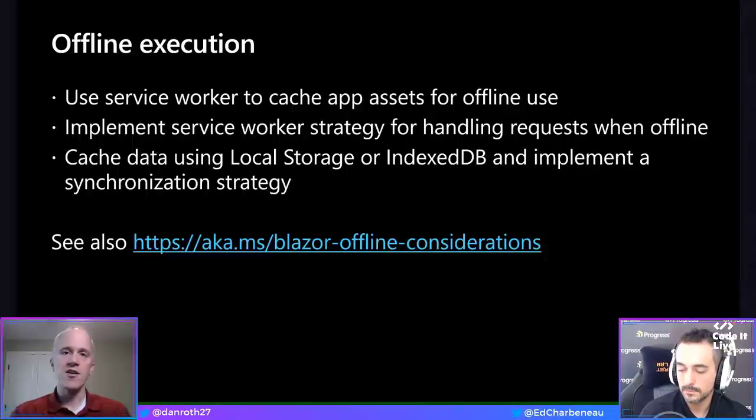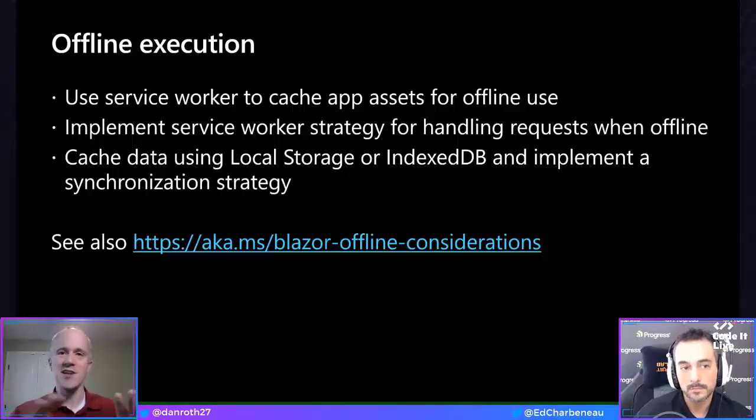For data you have to handle in the application yourself. Like we saw the weather forecast data, there's nothing magic that will just cache the weather forecast data for you. But in your application, you can use things like local storage or IndexedDB to cache data locally, and then implement whatever synchronization strategy makes sense for your app.